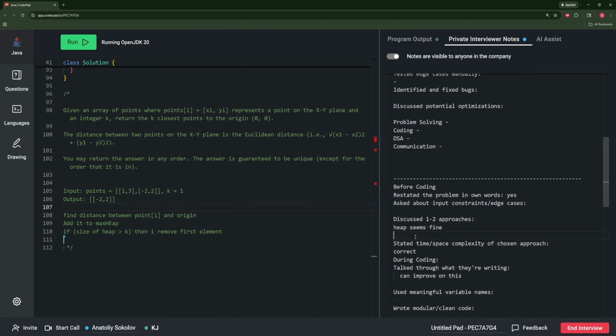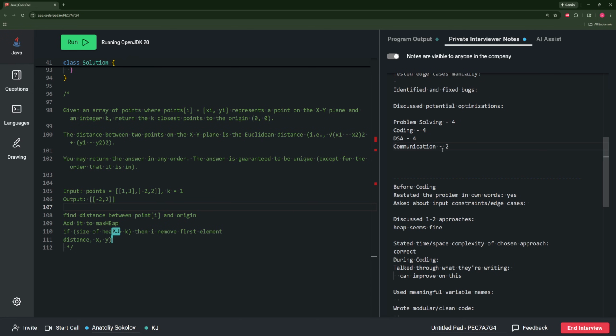And I guess I need to return the points, right? So in my heap, I can store something like this: I'll have distance, I can have x and I can have y.